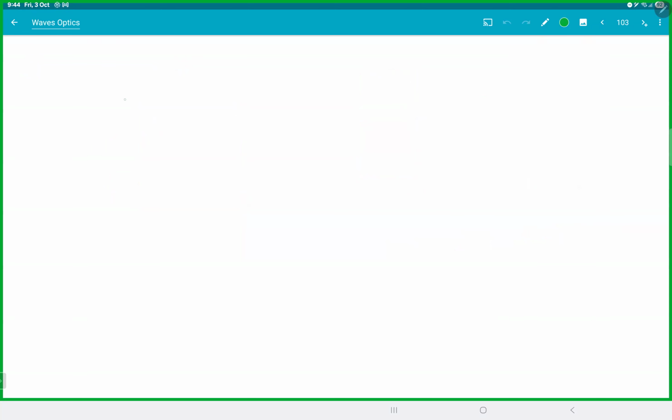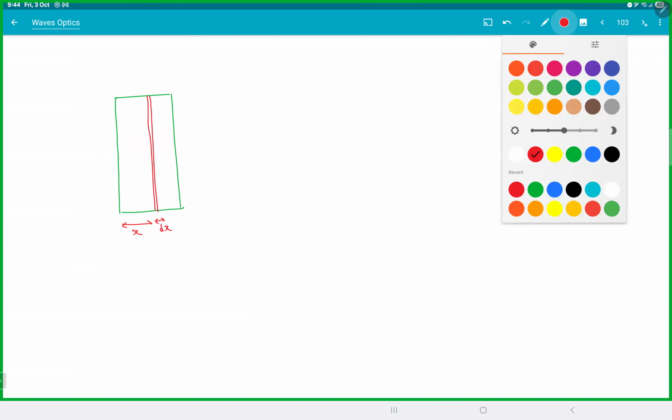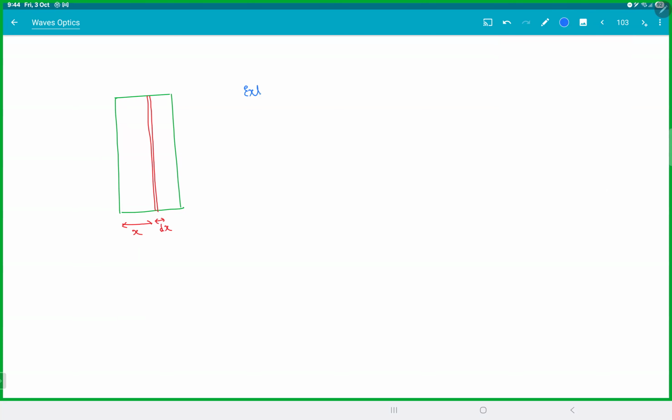Think of it like this. At a distance x, take a thin slab, because the formula we derived is for uniform refractive index. So we take the slab to be so thin that I can use the formula for this. So that extra path difference due to dx will be the thickness of the slab dx times the refractive index of the slab minus 1. Isn't that the formula?